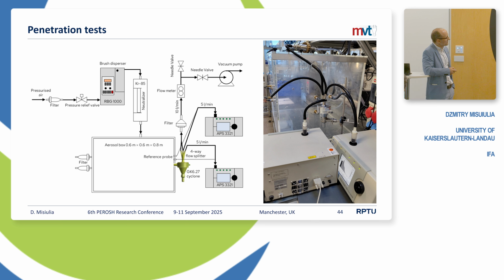On the way to the aerosol box, the aerosol was neutralized. Downstream of the cyclone, the flow, 20 liters per minute, was split equally into 4 flows, each one 5 liters per minute. Two of them were used for downstream sampling, and the 2 others were merged together and driven through a filter to the vacuum pump.